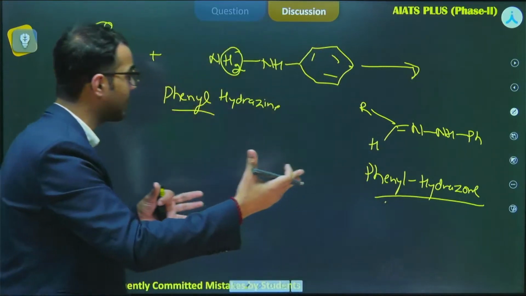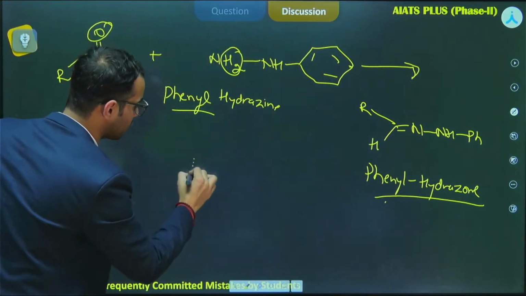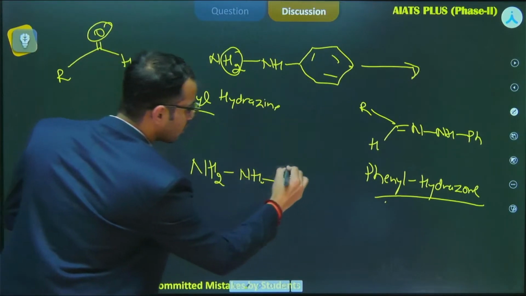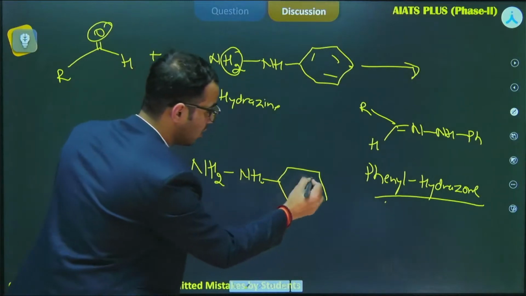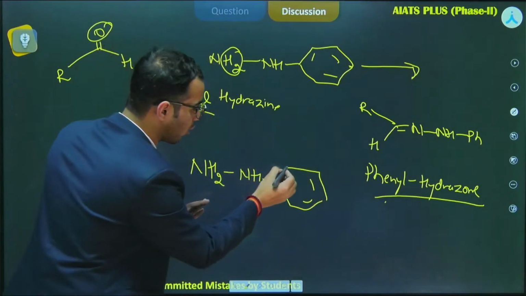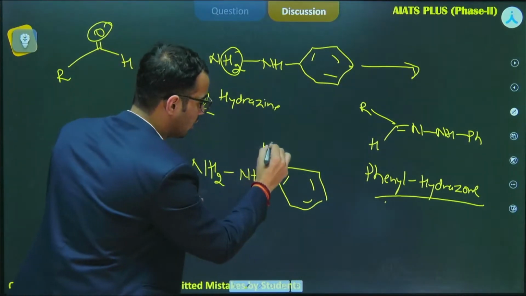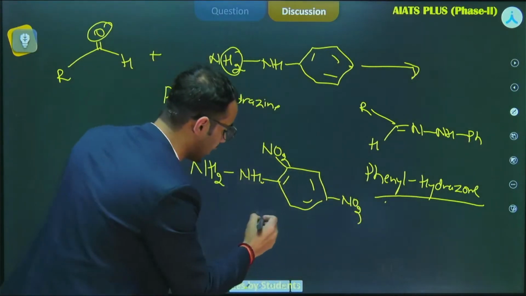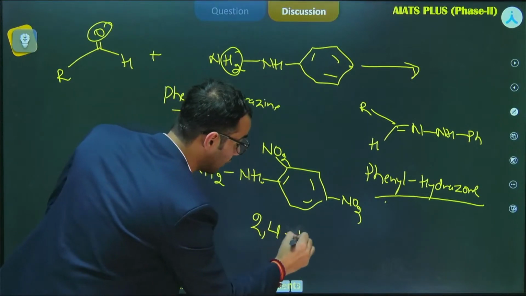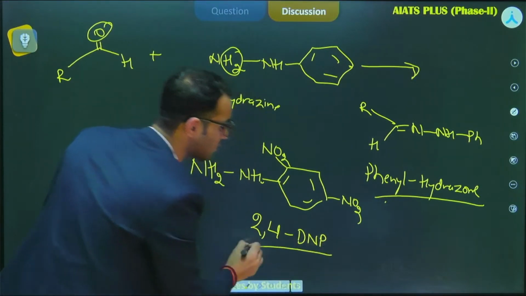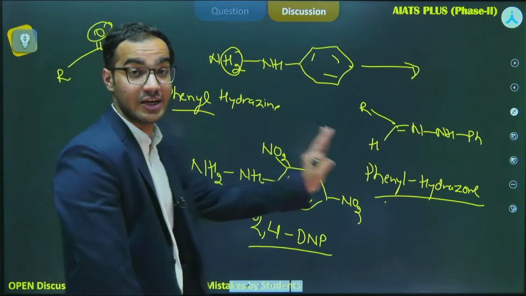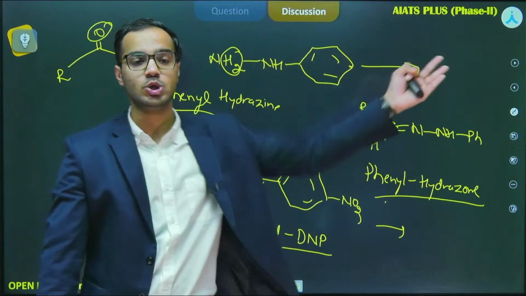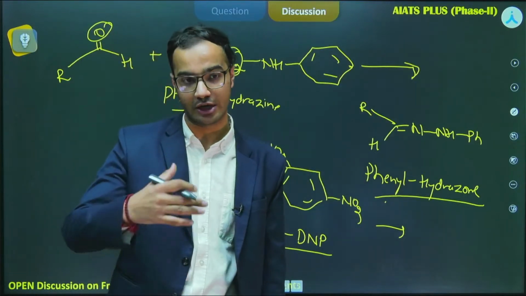The 2,4-DNP means you are replacing this position with NH2, NH, you are having the phenyl over there, and 2,4-dinitro means the second position, writing the NO2 over here. This is 2,4-DNP, and you will be getting 2,4-dinitrophenylhydrazone.